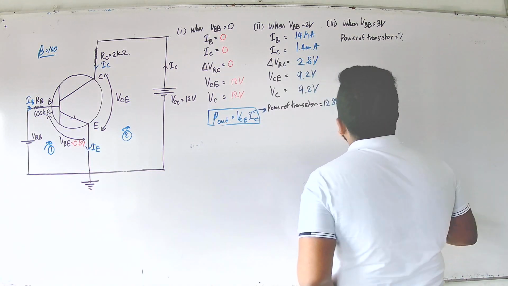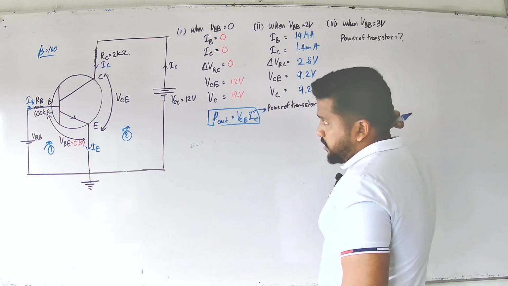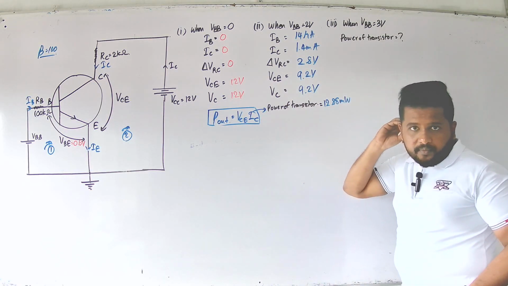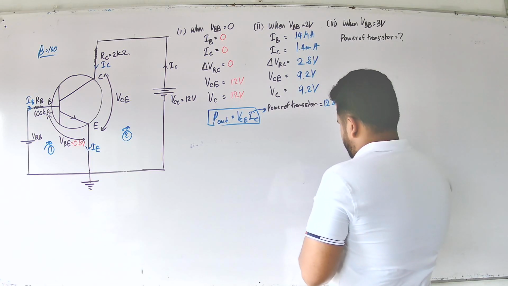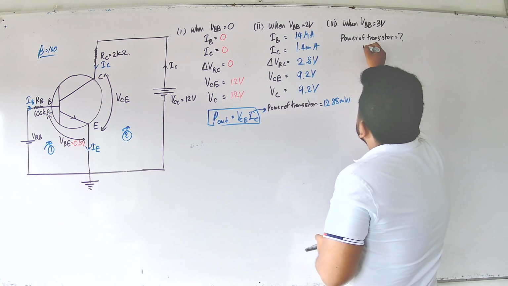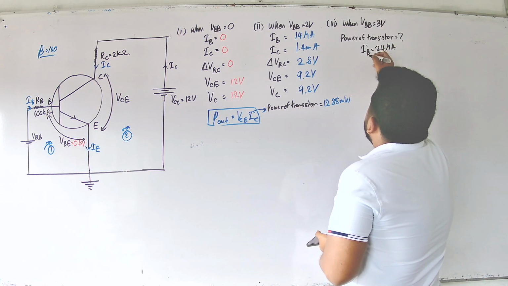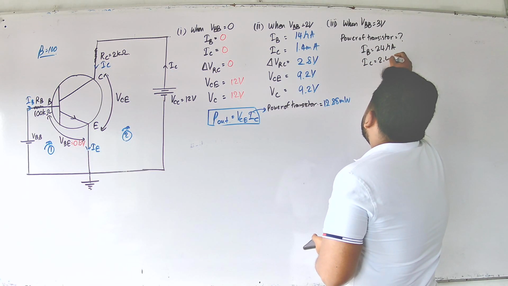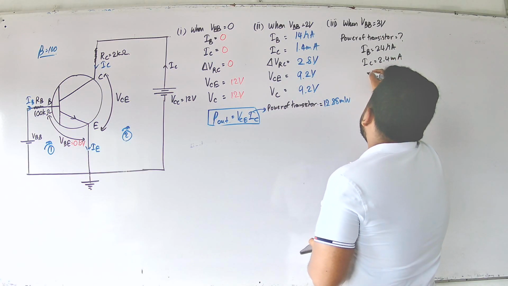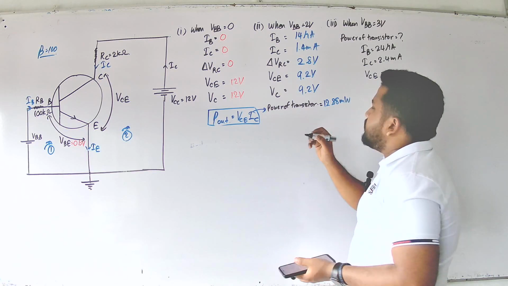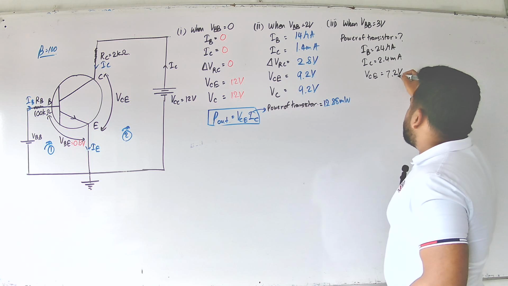So what is the IB? IB equals 24 microamperes. Therefore IC equals 2.4 milliampere. Then VCE is 7.2.